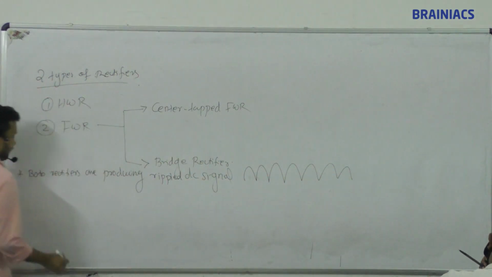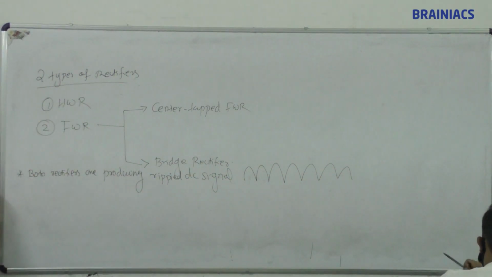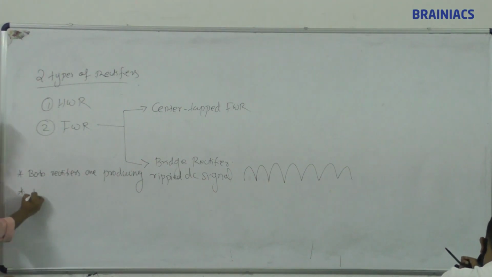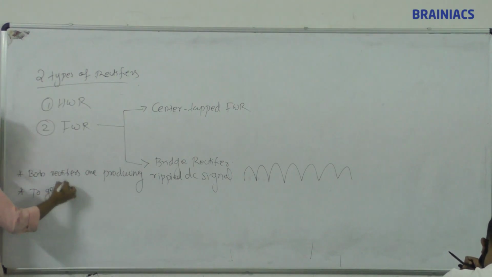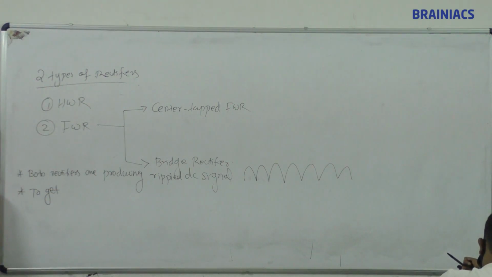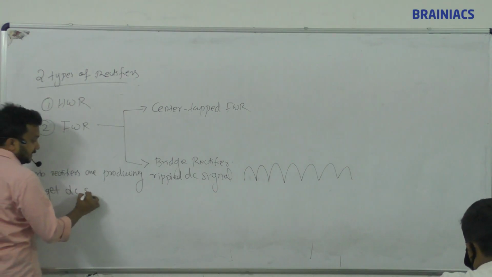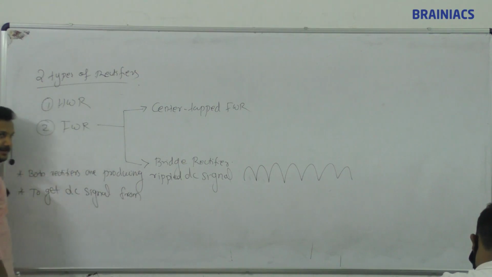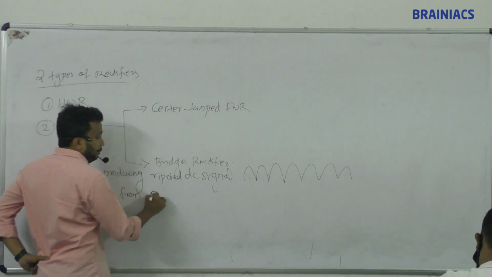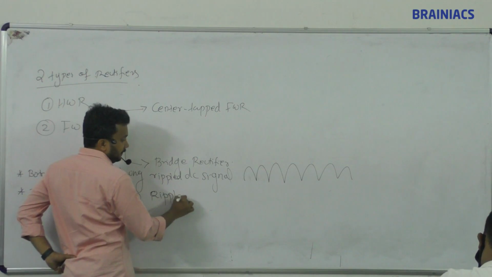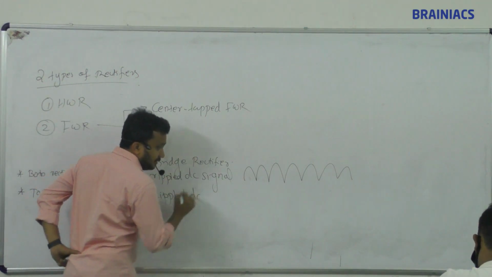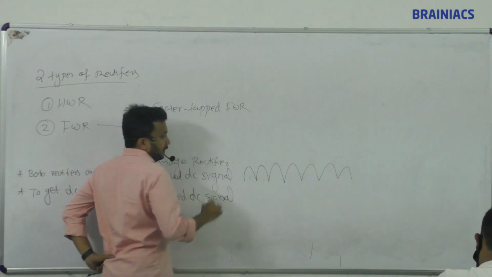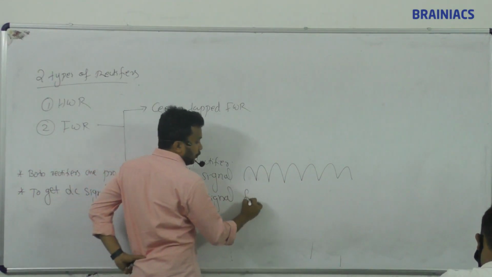Both rectifiers are producing rippled DC signal. Next point: to get a DC signal from rippled DC signal, filter circuits are used.